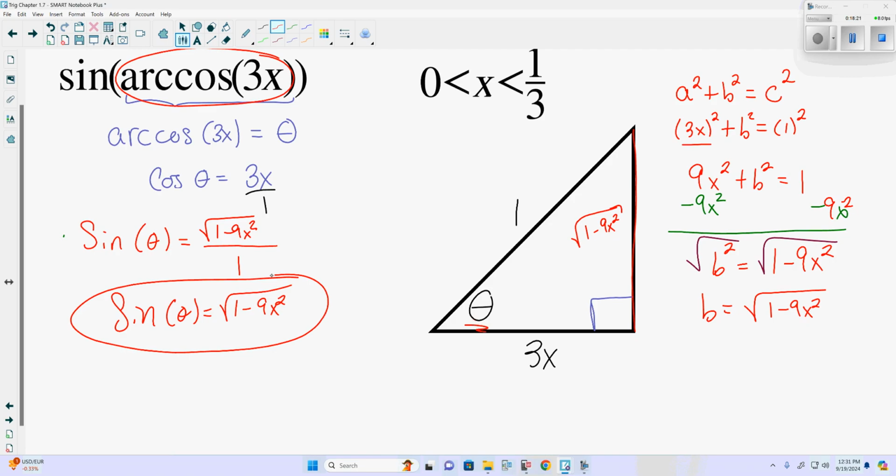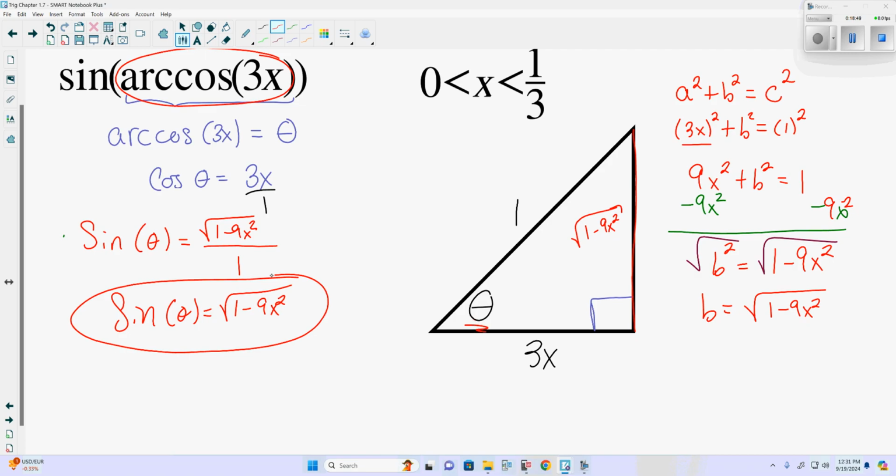Questions on this here? So in essence, what we did was we used the arc cosine, that piece, to set the triangle up.